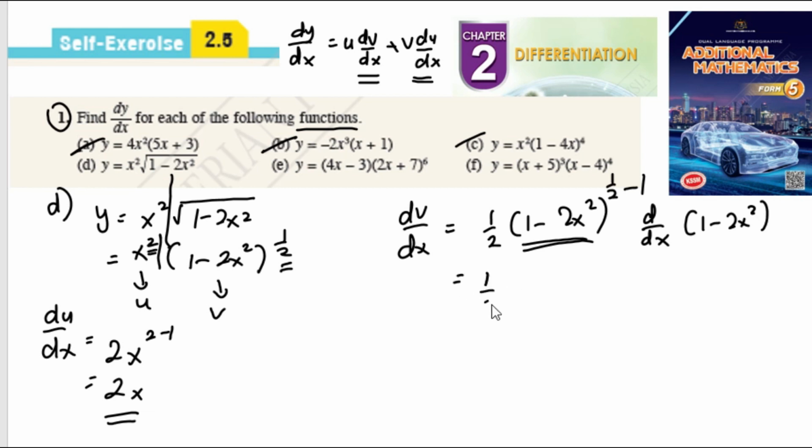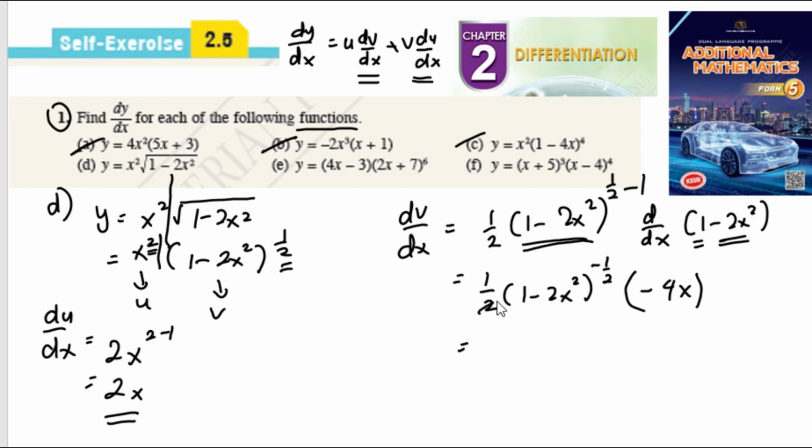So you differentiate what is inside. So here you get half times 1 minus 2x squared to the power of half minus 1, which is negative half. In this case, when you differentiate 1, you get 0. You differentiate negative 2x squared, so you multiply the power with the front one, 2 times negative 2, you get negative 4, and then you minus the power with 1, 2 minus 1, you get x.